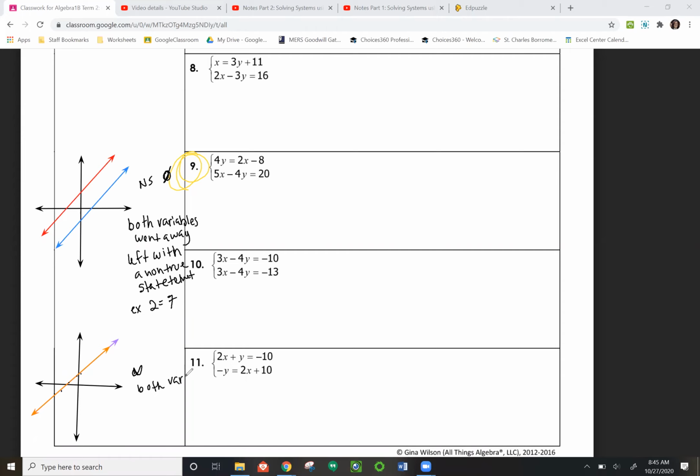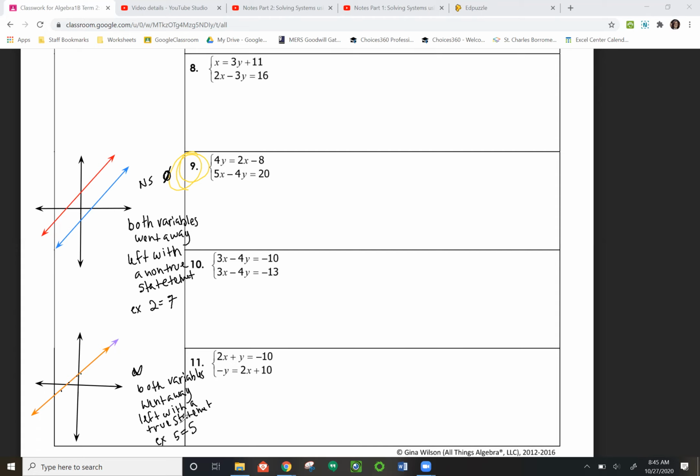Both variables went away. And we were left with a true statement. Okay, so like maybe 5 equals 5. That's true. That's an example of that.